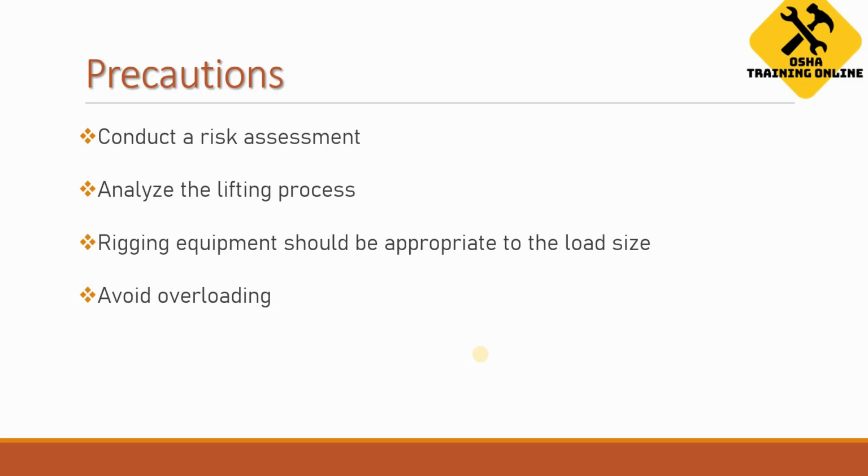We will see this point in the types of rigging equipment, and you will then be able to clear your concept about different load sizes and different rigging equipment. Avoid overloading. The load should not be more than the capability of the rigging equipment. How? Let's see.